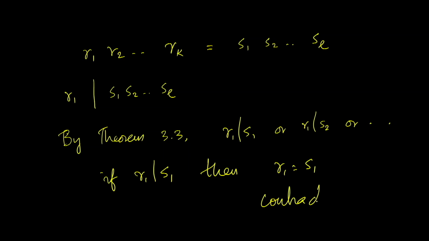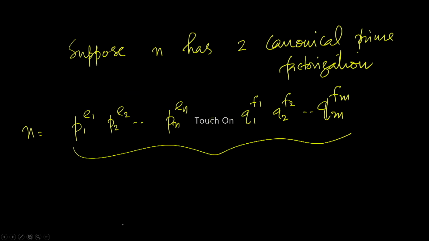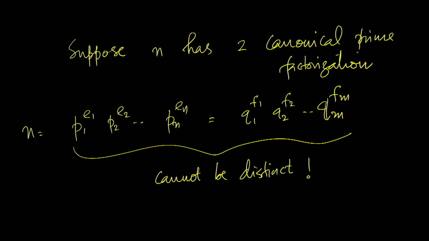So, here we get a contradiction. Therefore, the two prime factorizations that we began with cannot be distinct. In other words, every number n has a unique canonical prime factorization.